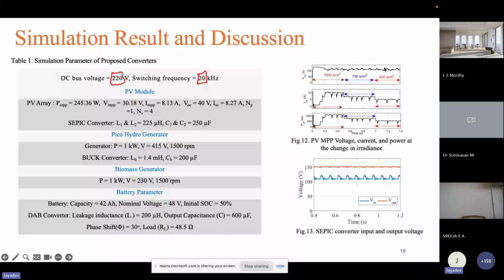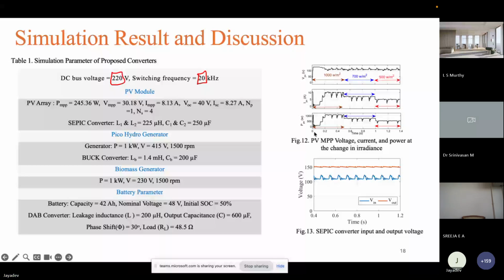You can see we changed irradiation from 1000 to 700, then 500. The current value changes but the voltage remains the same, and the power also changes accordingly, but it tracks the maximum power. It is a P&O algorithm, no optimization is used. That's why these variations are much more visible compared to the normal case.